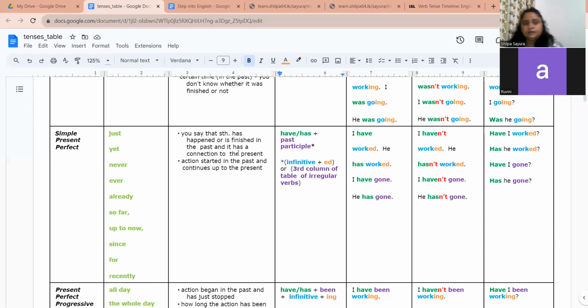It signals that something has happened or is finished in the past and it has a connection to the present, or an action started in the past and continues up to the present. So this is very much important.